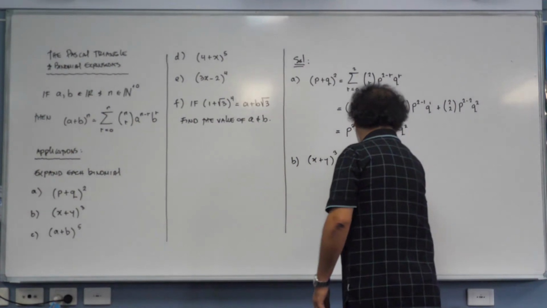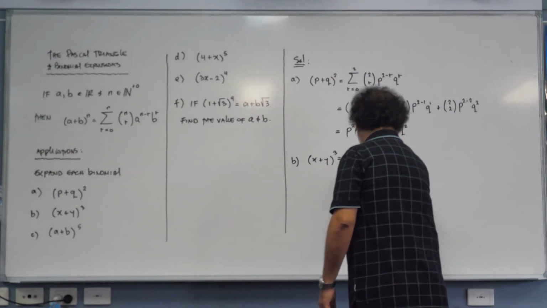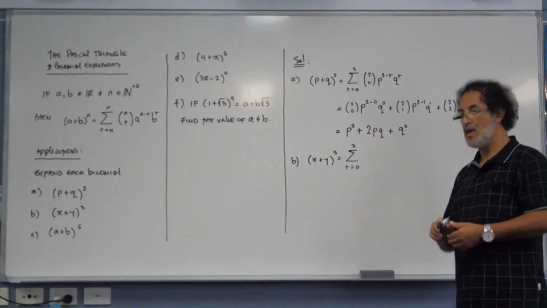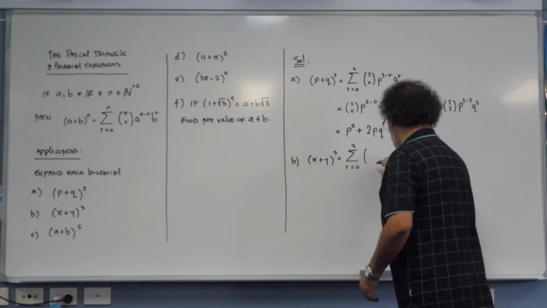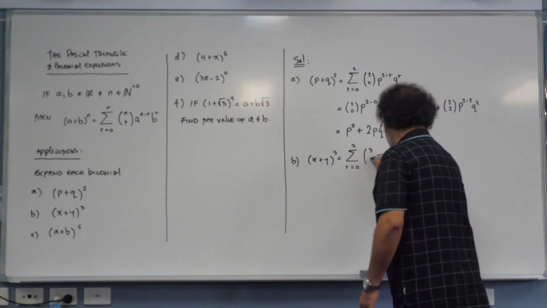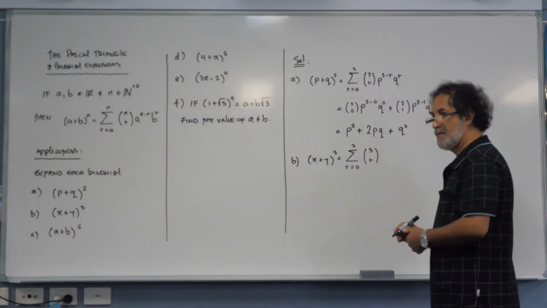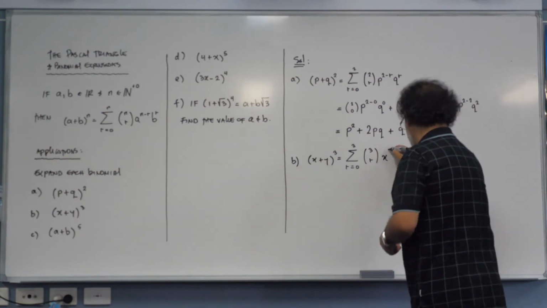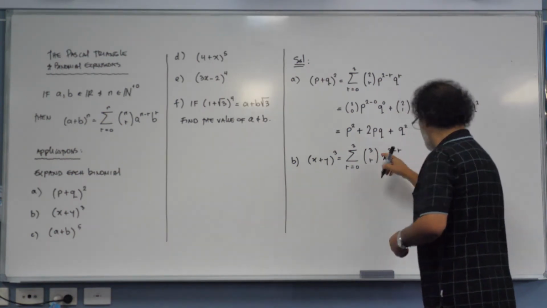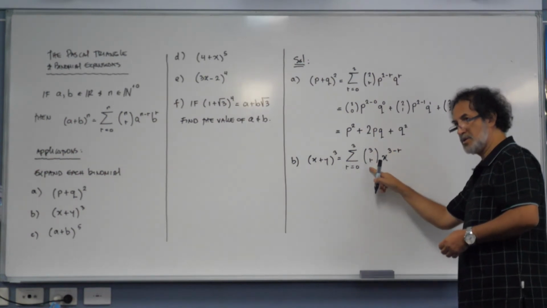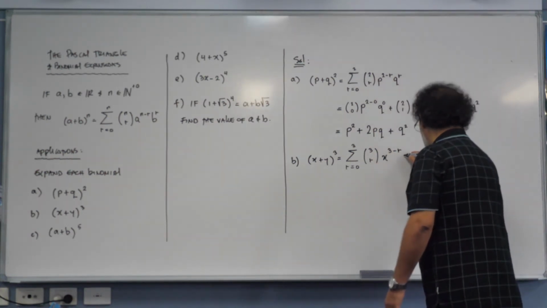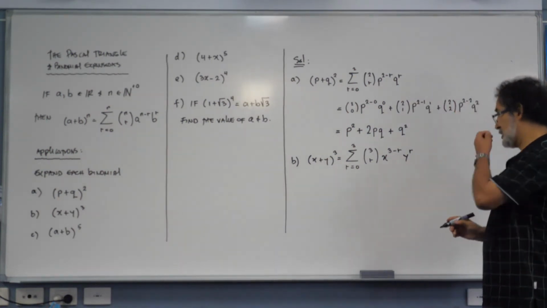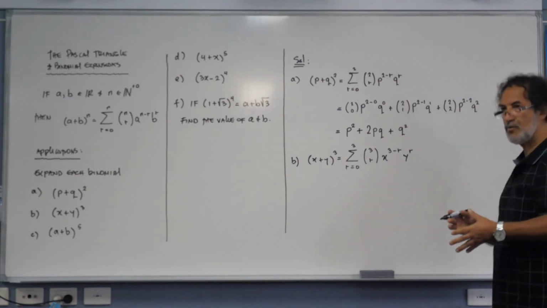This is the sum from r equals 0 to 3 of the binomial coefficient 3Cr, and then x to the power of 3 minus r, which is always the top number take away the bottom number, and then y to the power of the bottom number. That's how you set up the formula.